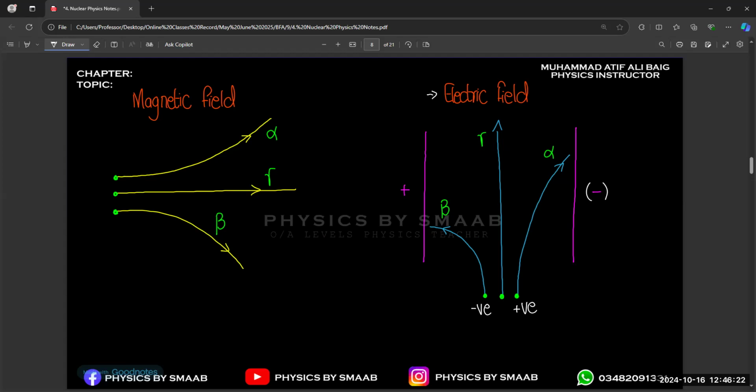Beta is negative, so beta attracts towards the positive one.